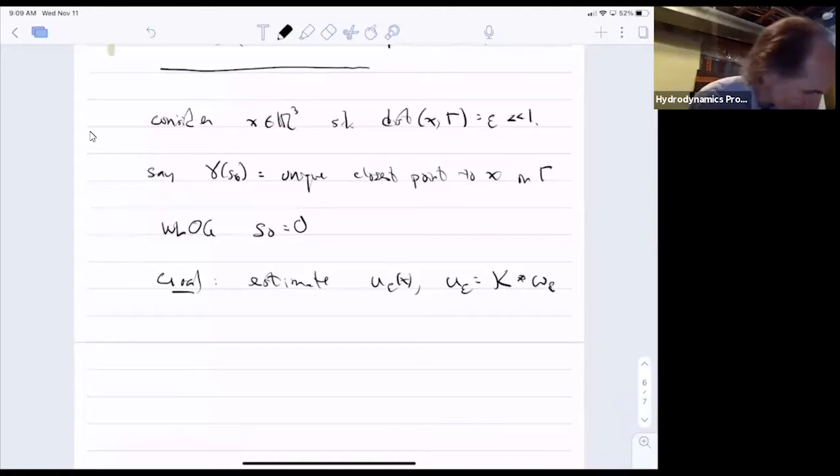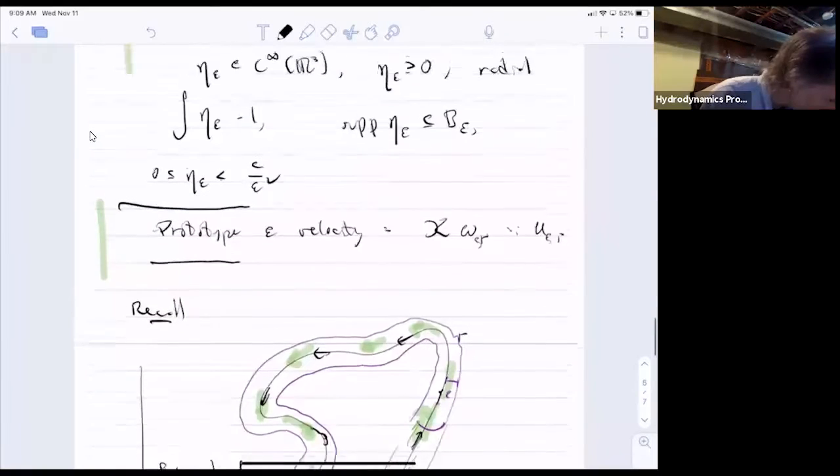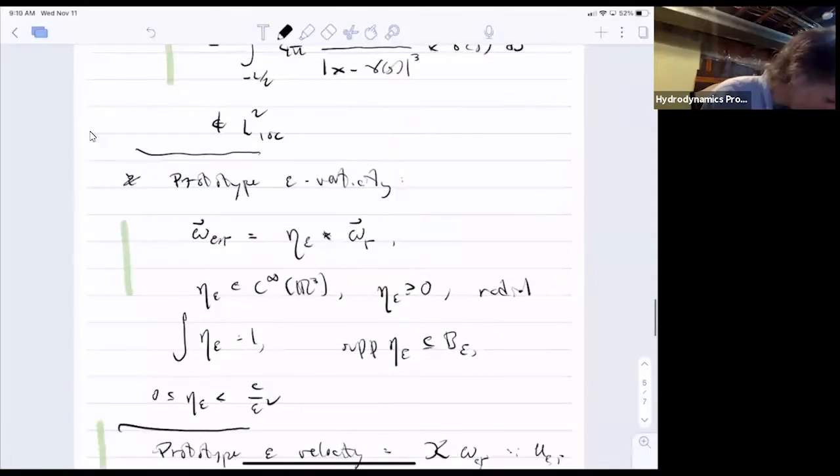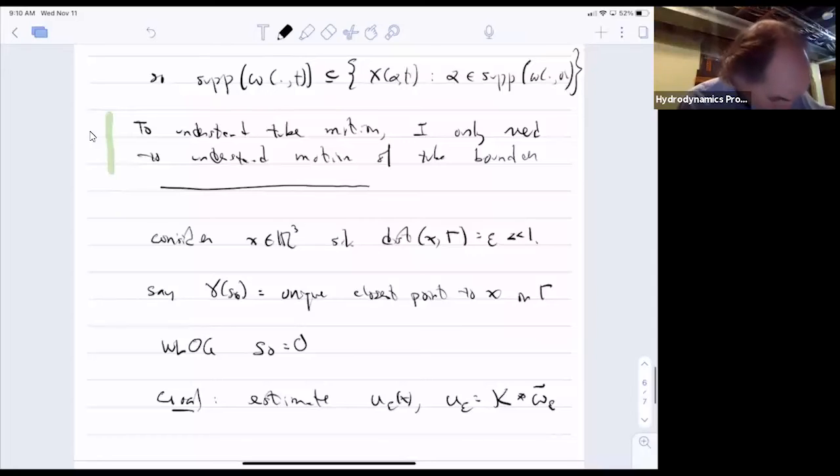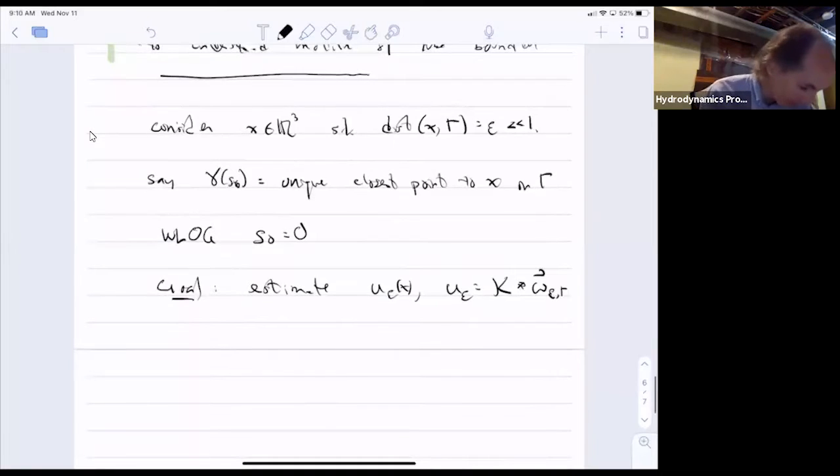I think I put omega epsilon gamma with an arrow on top. Okay, and so there's a trick which I think we mentioned a month or two ago. So here's the trick.